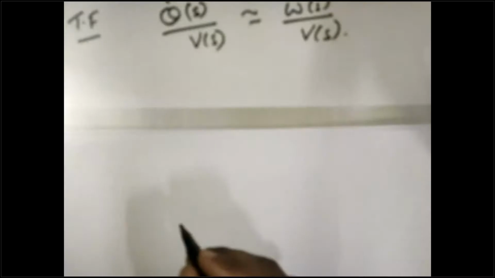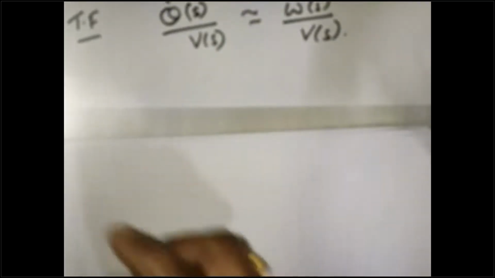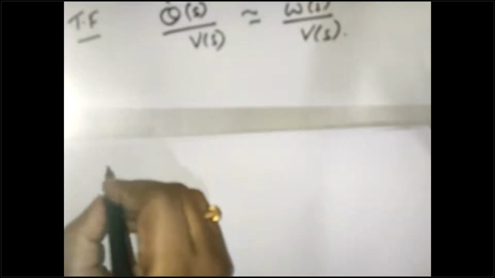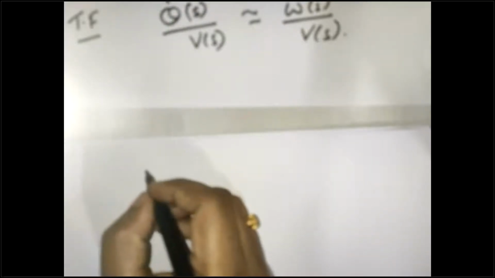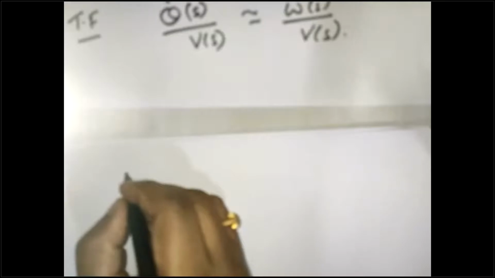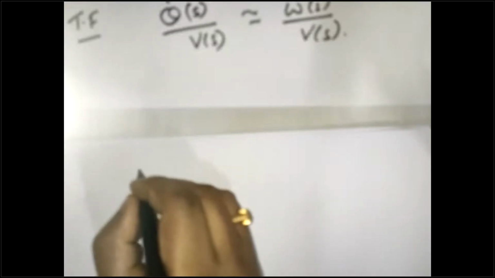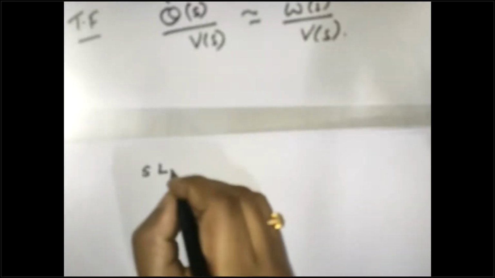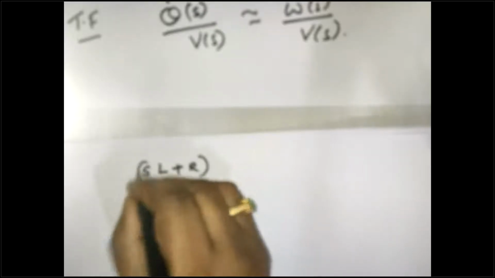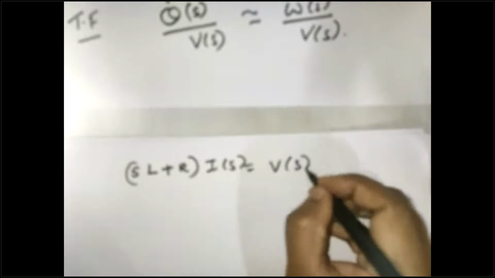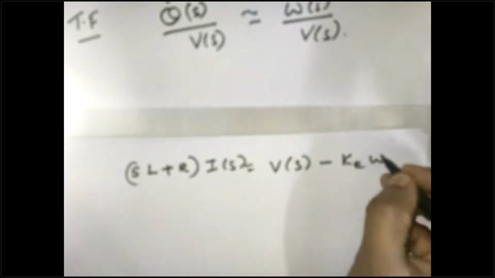Now, more specifically, I will write my two final Laplace transform equations. The first equation I will write as (sL plus R) into I of s equal to V of s minus K_E into omega of s.